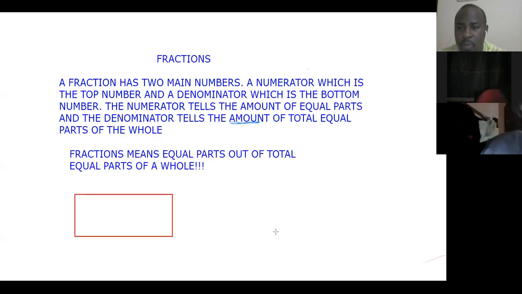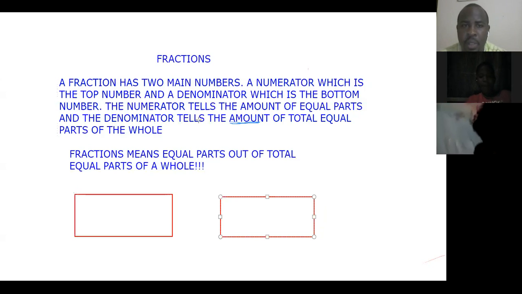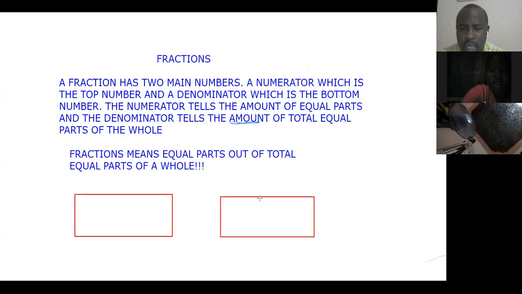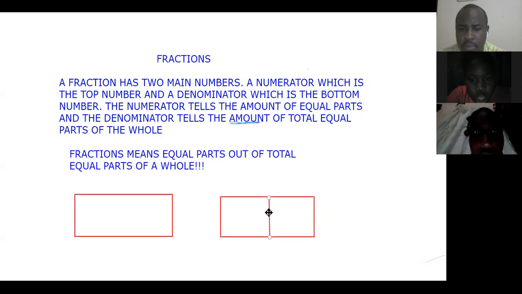But here is the same 1, but I'm going to do something to this one. It's in 2. Everybody see that? Yes, sir. Okay, so I've just cut my 1 into 2.